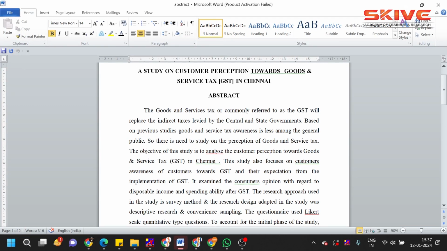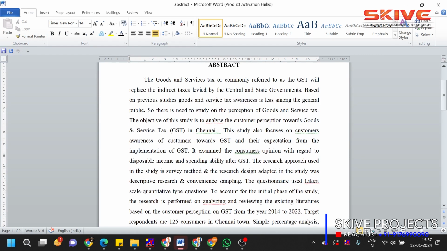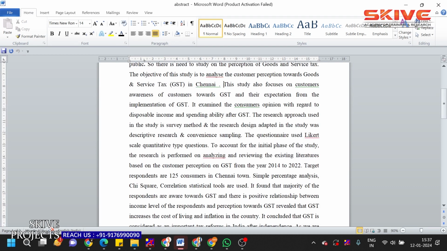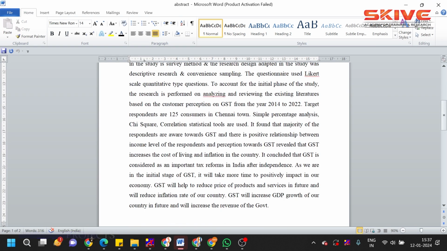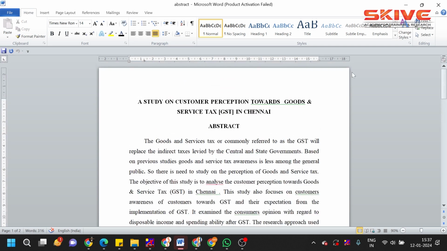This study focuses on customers' awareness of GST and their expectations from the implementation of GST. Here we are going to discuss the plus and minus of this GST. Okay, so this is the abstract. Let us start the demonstration.